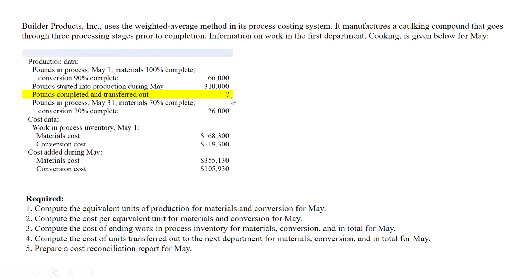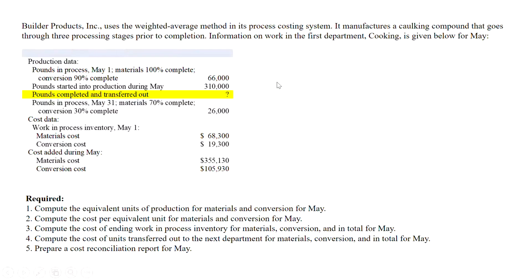But fortunately, we've got a question mark for how many pounds were actually completed and transferred out. And we don't mean finished as far as the whole entire company. We just mean finished as far as the cooking department and transferred to the next or second department. We do have ending work in process inventory on May 31st, or incomplete units as of May 31st, as 26,000 pounds. But we can solve for this question mark, can't we?